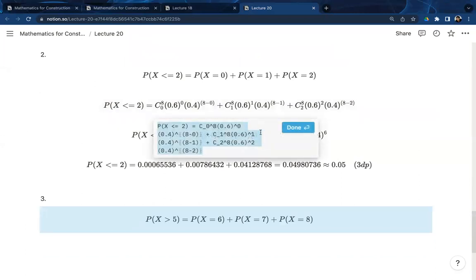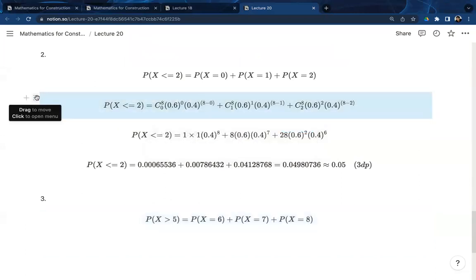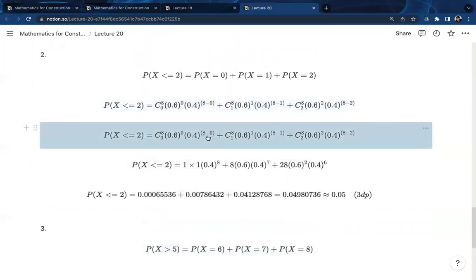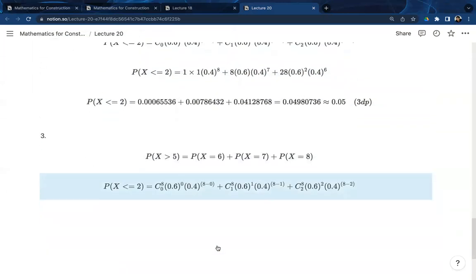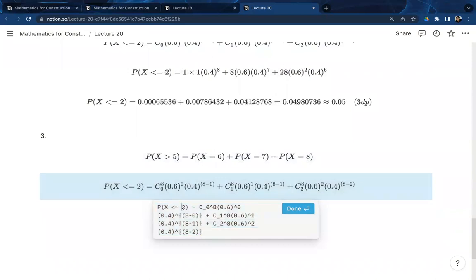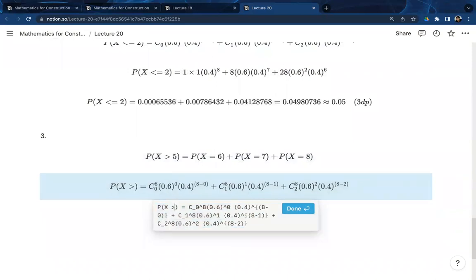So we could do something similar to this here. Chance is more than 5. So again, this is a 6, 6, 6.